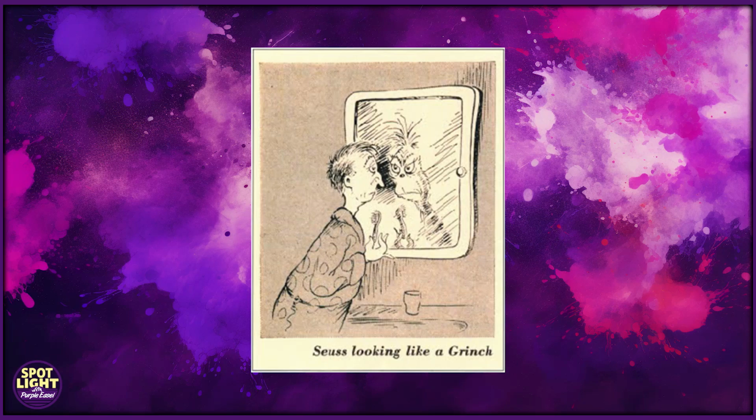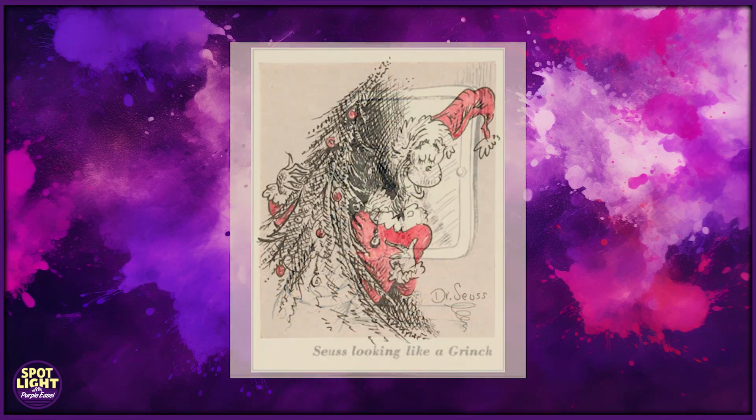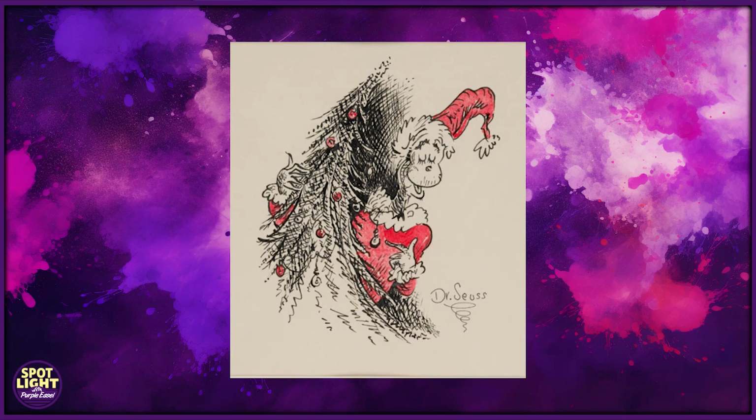And then, wait, what's wrong with me? And that's when he wrote the story. Oh, wow. So it was himself being the Grinch. I would never think that, right? Because Dr. Seuss is always so Dr. Seussy. I just love this little signature. It's the details.